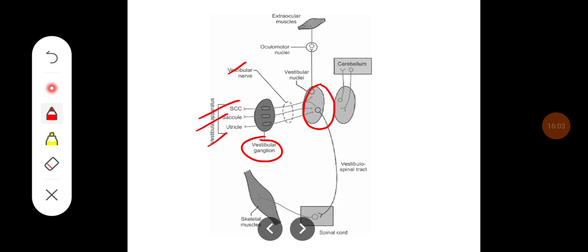From there, the efferents go through the vestibular oculomotor nerve to the extraocular muscles for the vestibulo-ocular reflexes. Then the information goes to the cerebellum, and some of the information goes to the spinal cord to the skeletal muscles for the maintenance of muscle tone.